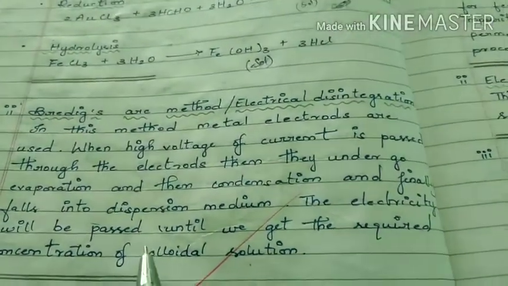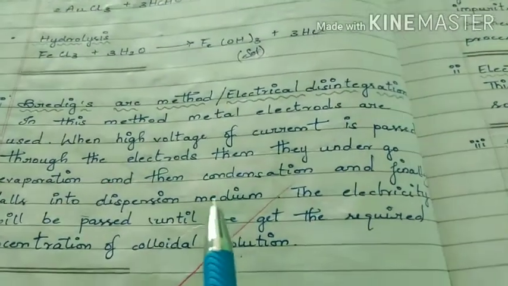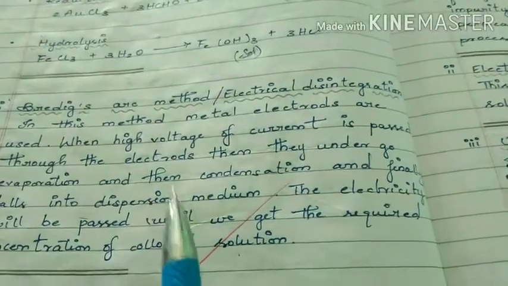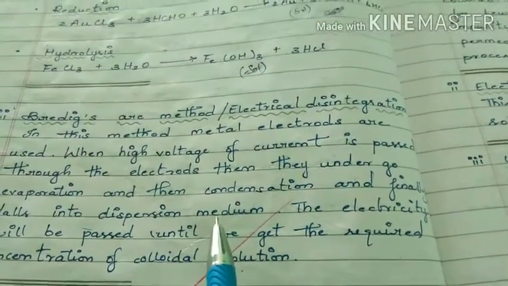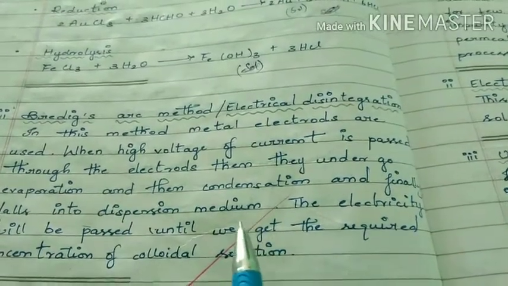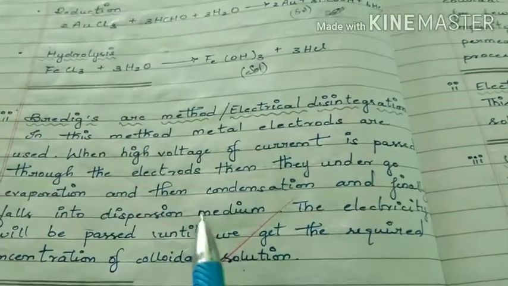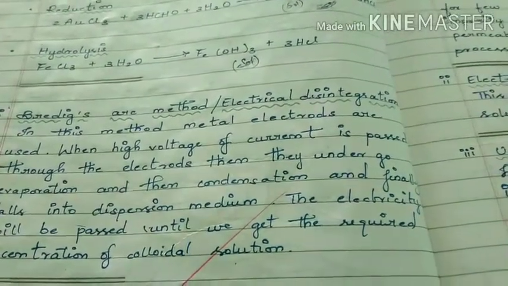First we have to take electrodes based on the metal sol. If you want to make copper sol, we take a copper cathode and copper anode. If you want to make gold sol, you take a gold cathode and gold anode. This whole process is done in a closed vessel.